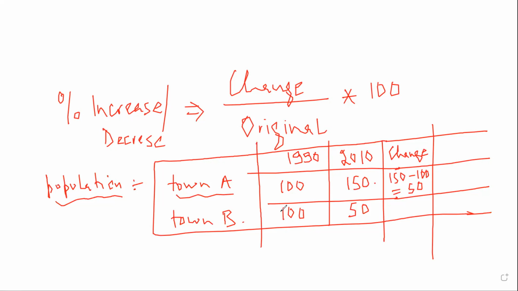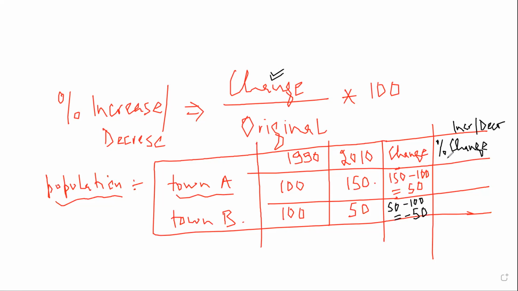But if you look at town B, this would be 50 minus 100. So, actually, the population has decreased. Any doubt? No, sir. What is the formula for percentage change? Percentage change means it can either be increase or decrease.